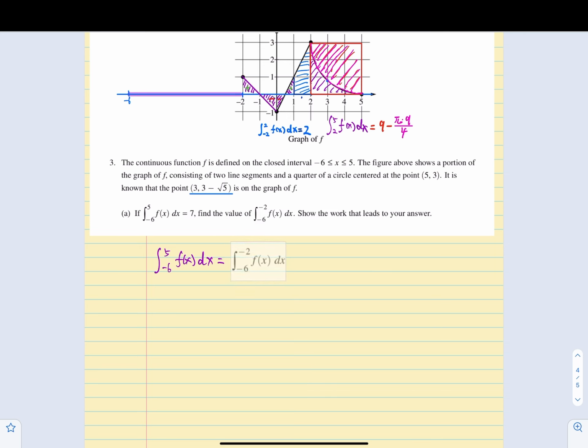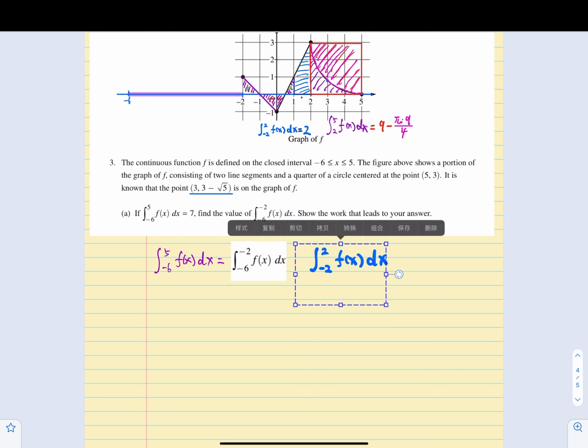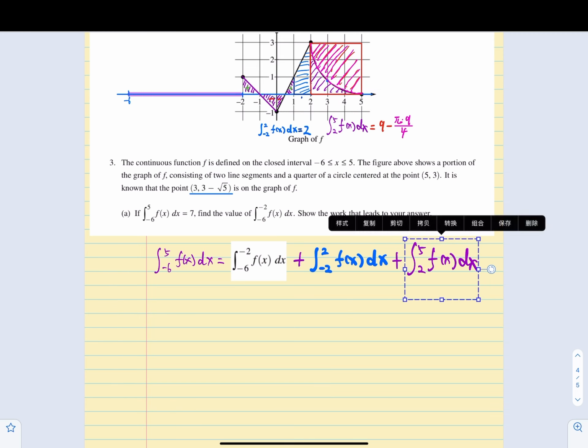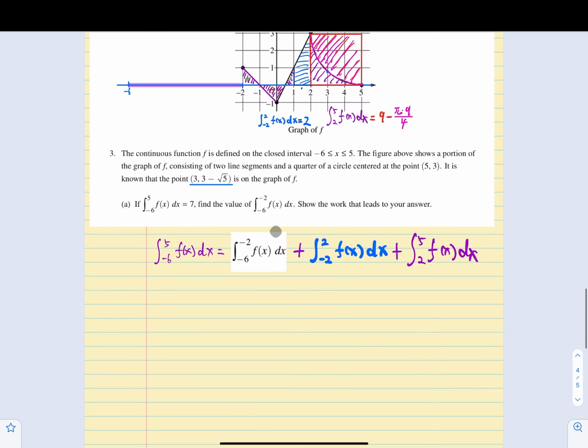The part we want to know, and another part is this part. Another part is this part, the blue part, and then we plus this blue part, and then we also plus this purple part for the 2 to 5. So this is the whole part.